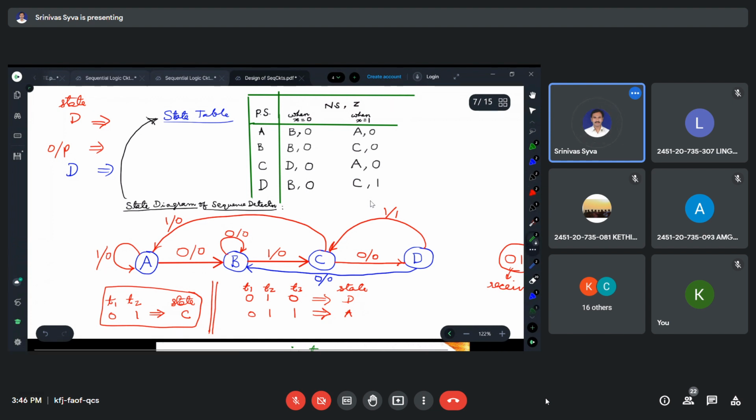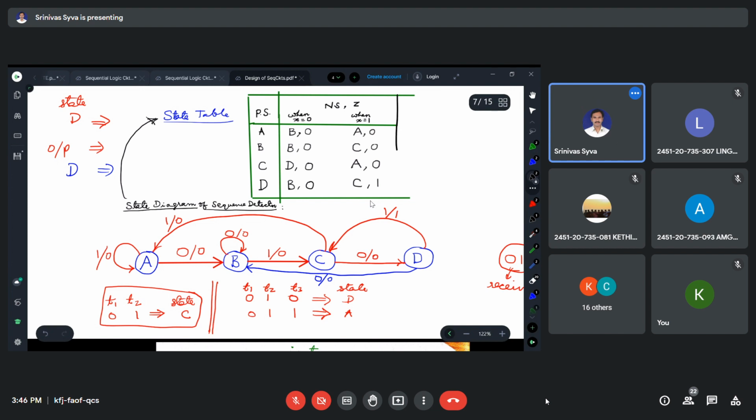This is the state table. The state table is nothing but an alternate way of describing the sequence detector. It gives the same information as was given by the state diagram. For a particular problem the state table is suitable, for some other problem the state diagram is suitable. So we have two types of tools for our analysis, and any one can be used.